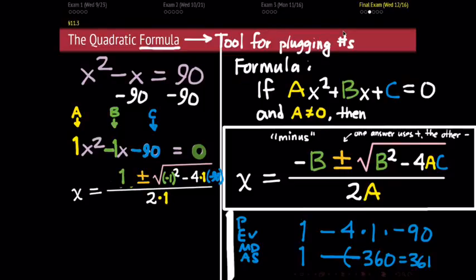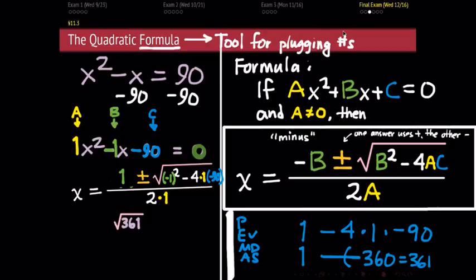Okay, so after we did all that stuff underneath the radical, we come out with a number, 361. And that number is underneath our square root sign. And then we still have all the other stuff that makes up this expression.